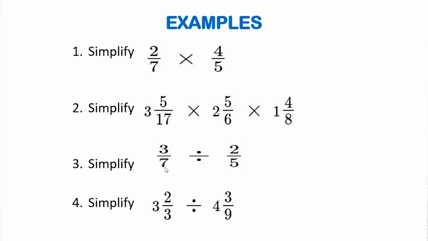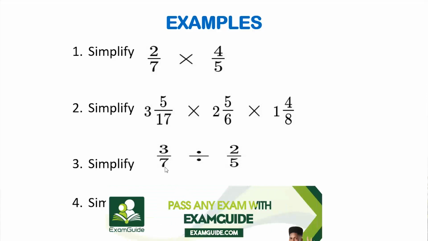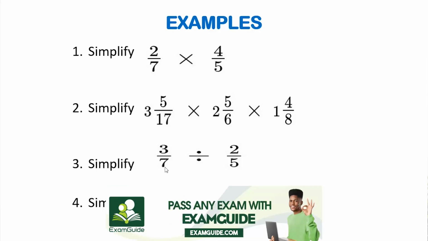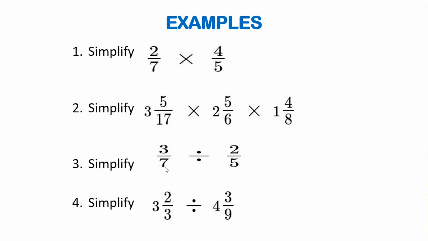Simplify or divide: simplify 3 all over 7 divided by 2 all over 5. 3 over 7 divided by 2 over 5. Okay? So the solution.